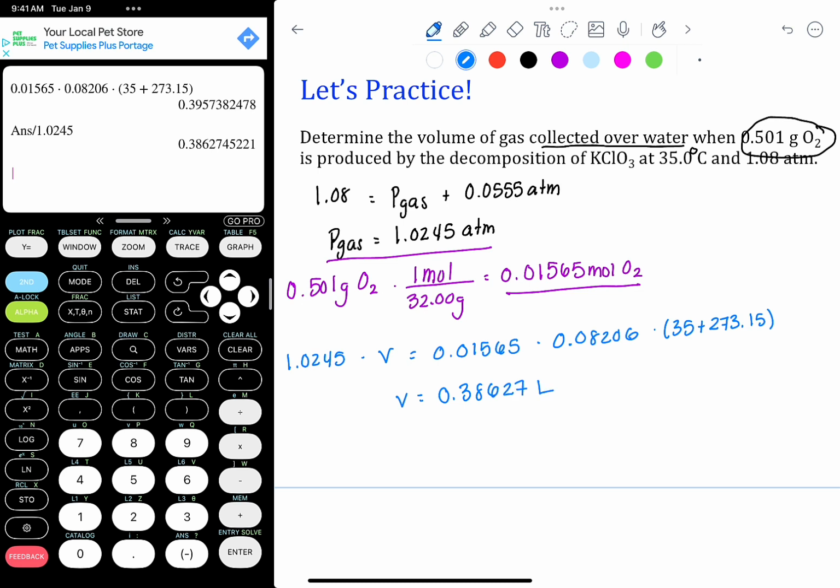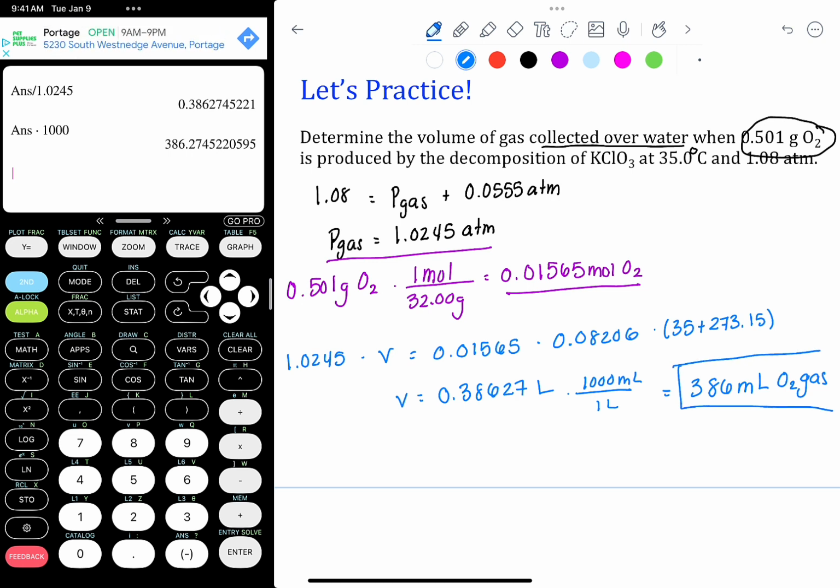So typically this would be recorded in a lab setting, and graduated cylinders are measured in milliliters, so we can convert this to milliliters by multiplying by 1,000. And we get, with 3 sig figs, 386 milliliters of O2 gas collected.